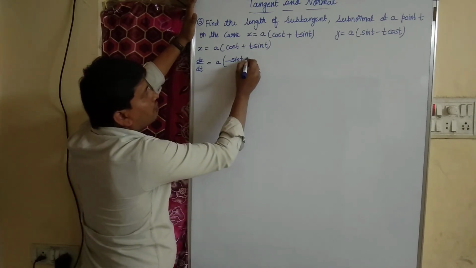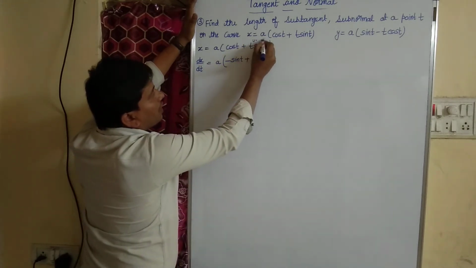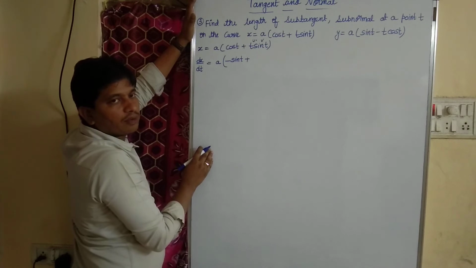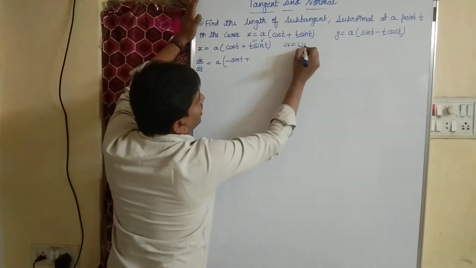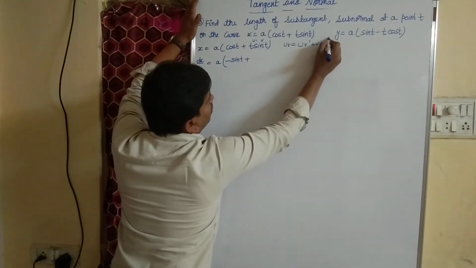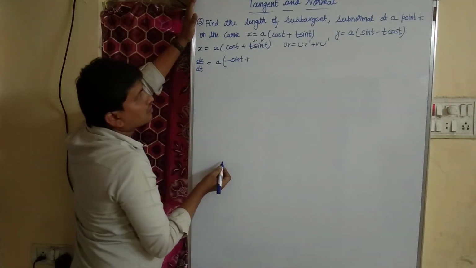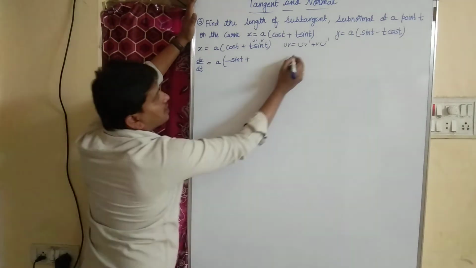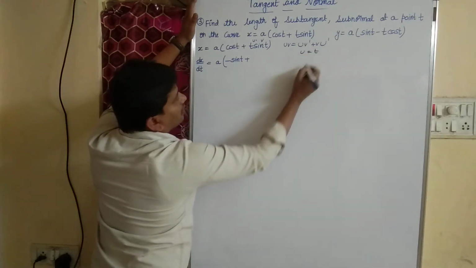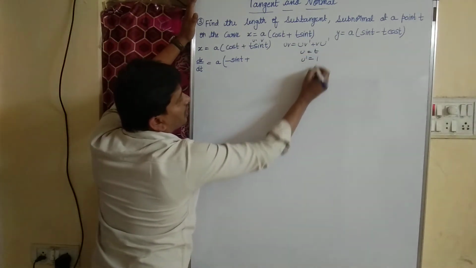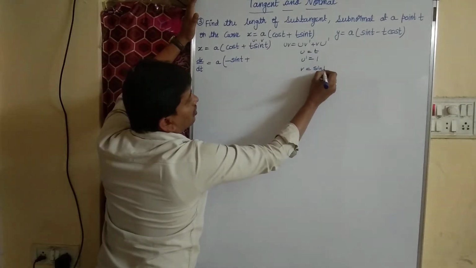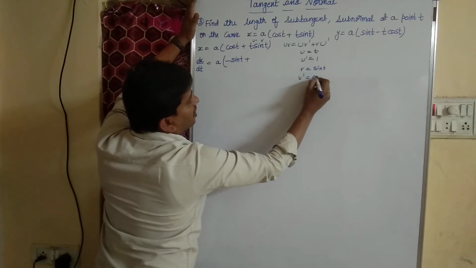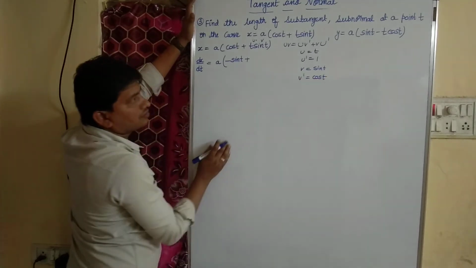Children, now which is in the form of uv. So what is the formula of uv? The formula of uv is u v dash plus v u dash. Here u is t, so u dash is 1. v is sin t, so v dash is nothing but sin t derivative cos t.